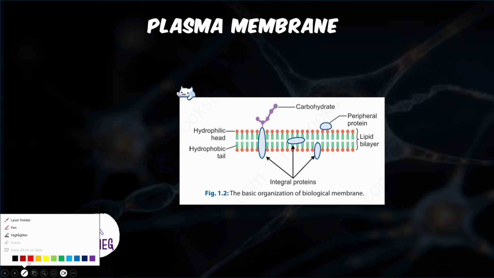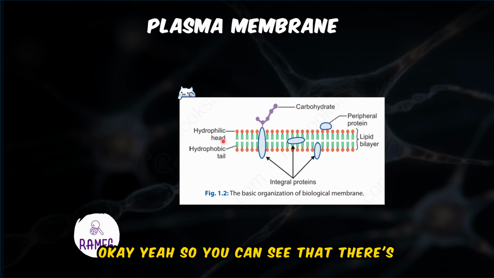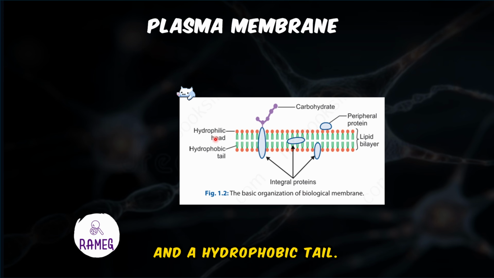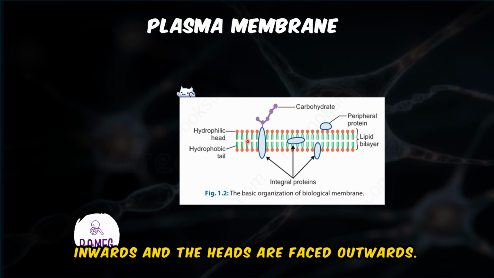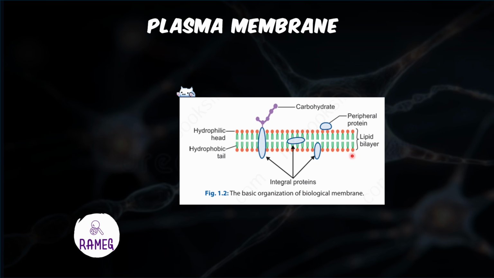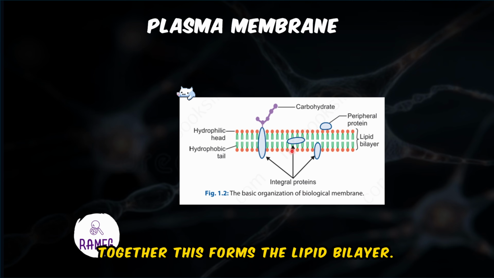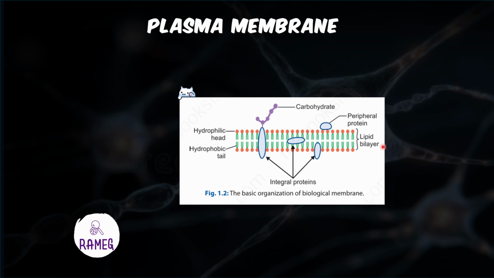You can see that there's a hydrophilic head and a hydrophobic tail. Hydrophobic means it doesn't like water. So basically, phobia means you don't like water. That's why the tails all face inwards and the heads face outwards. Together, this forms the lipid bilayer.